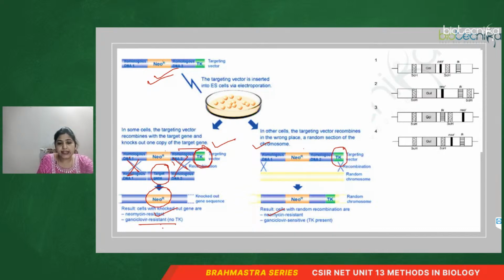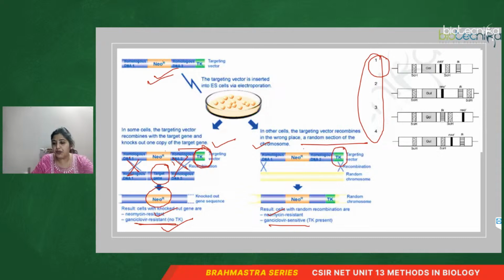So the cells in which the targeting vector recombines with the target gene, and targeted gene insertion happens, will be ganciclovir resistant, whereas where random insertion has happened, they will be ganciclovir sensitive. So ideally, if you see all the 4 options, option 1 shows you the most appropriate, most correct cassette.